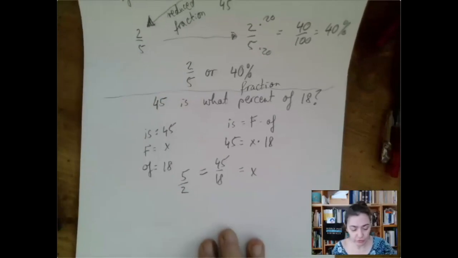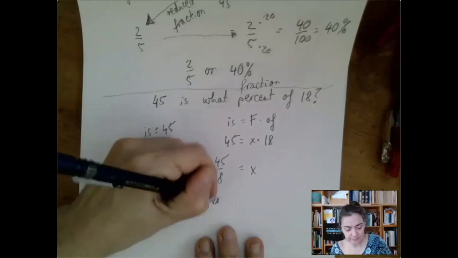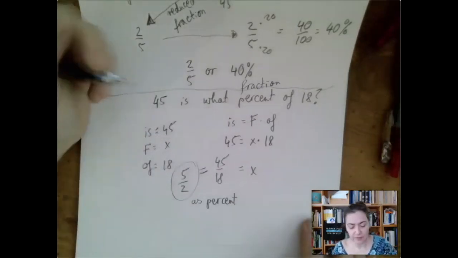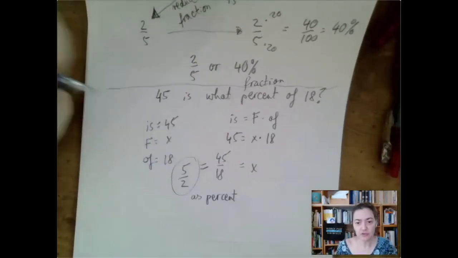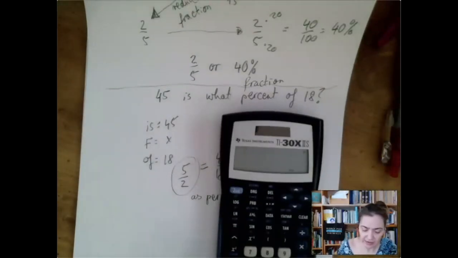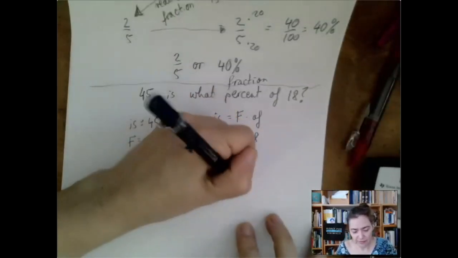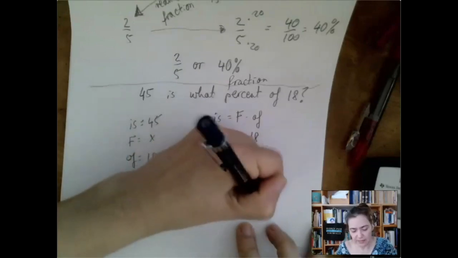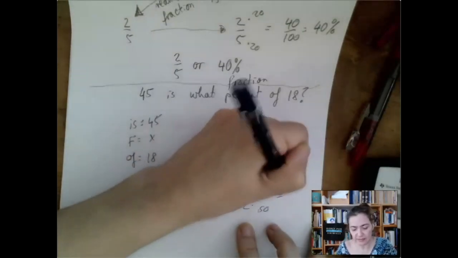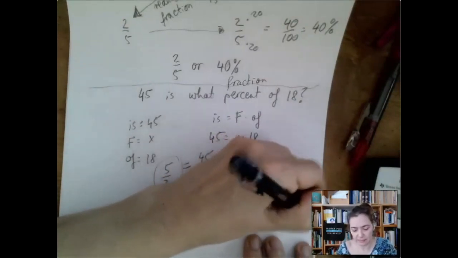But 5 over 2 as a percent, I think you should especially get used to looking at decimals and interpreting: 5 divided by 2 is a nice decimal, 2.5, which is 250%. We multiply upstairs and downstairs by 50, and we have 250 over 100, which is 250%.